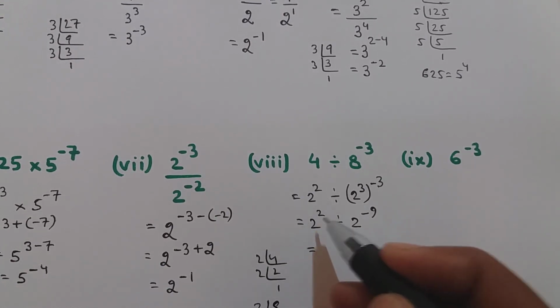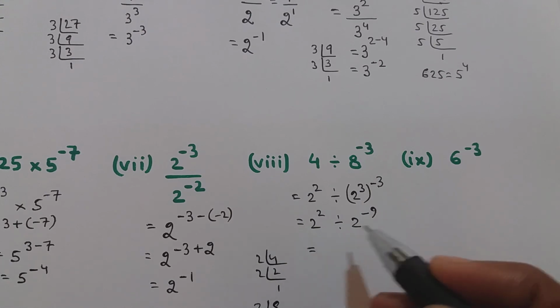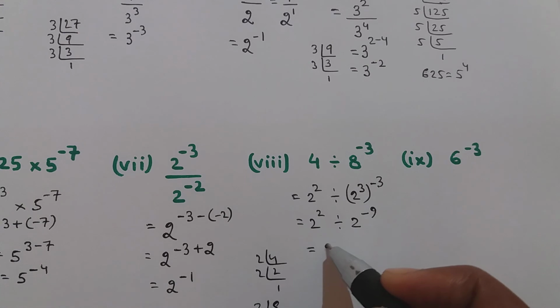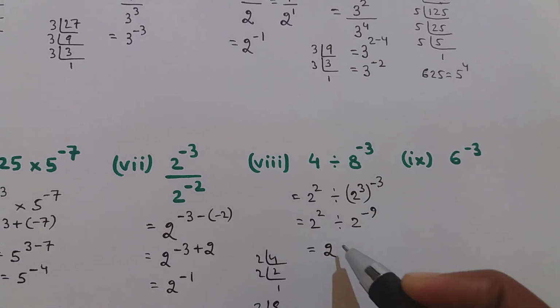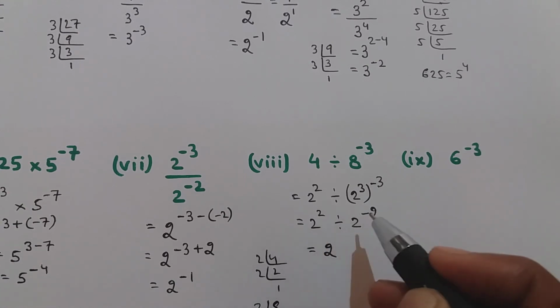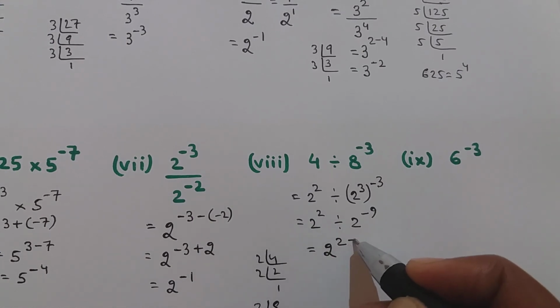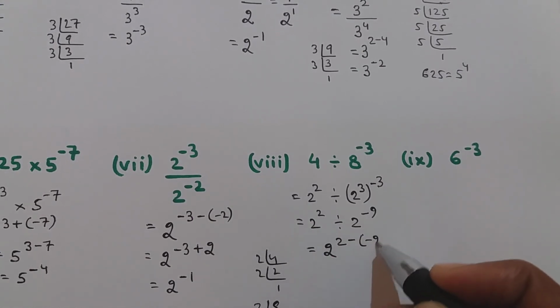So here I have two expressions in power form which are getting divided. 2 square is getting divided by 2 raised to the power minus 9, and both the expressions have the same base 2. So the answer will have the same base 2, and the power will be the subtraction of these two powers. So it will be 2 minus minus 9.